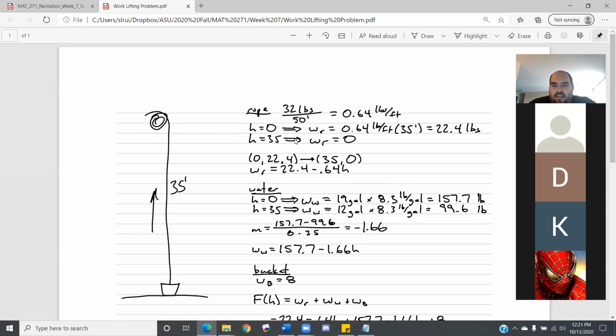By now, you probably all have your favorite method for coming up with the equation of a straight line, and that's basically all I've done here. So when the height is 0, the weight of the rope is going to be 35 feet of that rope times 0.64 pounds per foot. So the heaviest the rope is going to be is 22.4 pounds.